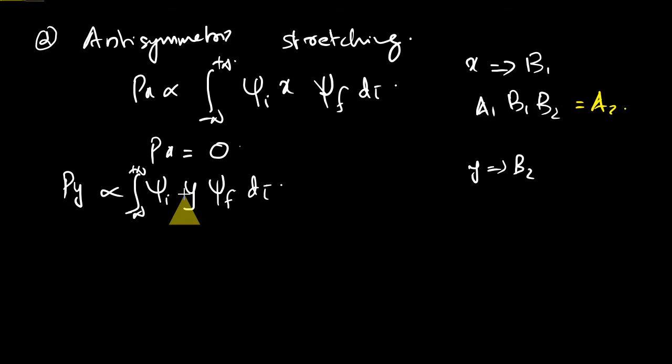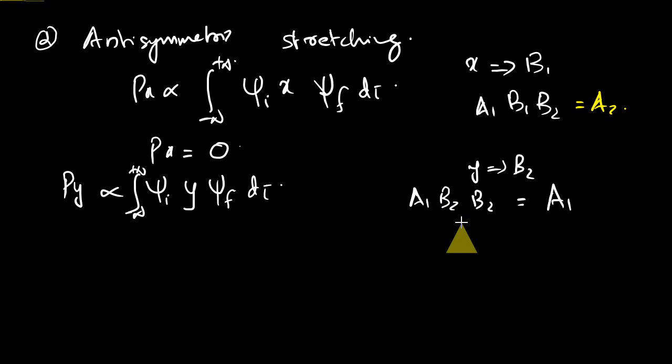Therefore, what about the direct product of these representations? Psi i is A1, y is B2, psi f is also B2. So A1 B2 B2. What is A1 B2 B2? That is equal to A1.